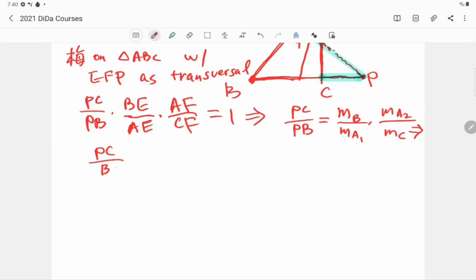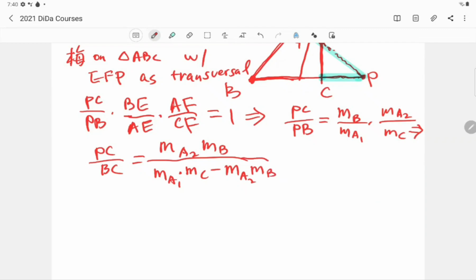You get PC over BC is equal to MA2 over MB times MB over MA1 times MC minus MA2 MB. Oh, it's not the sum, it's a difference, because BC is PB minus PC.